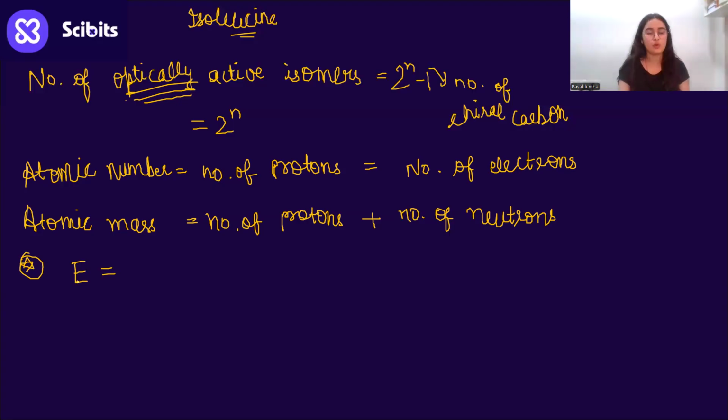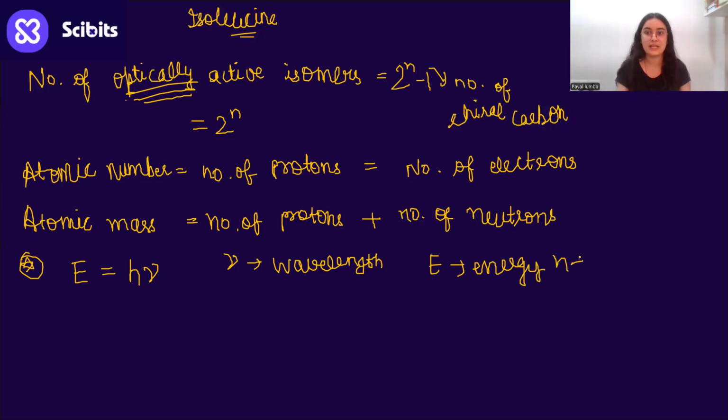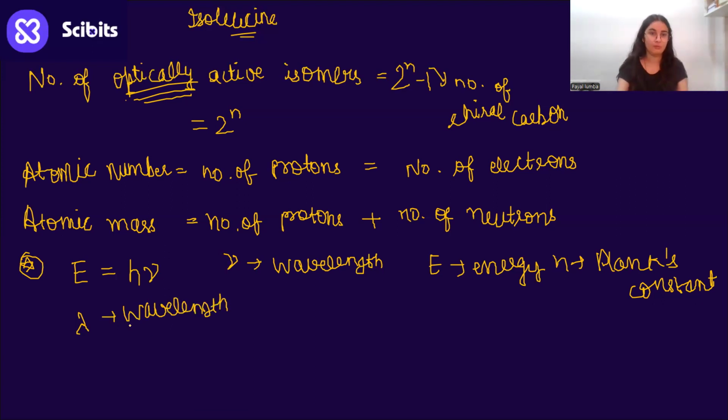Okay, this formula is pretty important. Energy of the photon in an electromagnetic wave or radiation is E equals h nu, where nu is the frequency, E is the energy of the photon, and h is Planck's constant. And there is one more thing, that is the wavelength of the wave to which this photon belongs.